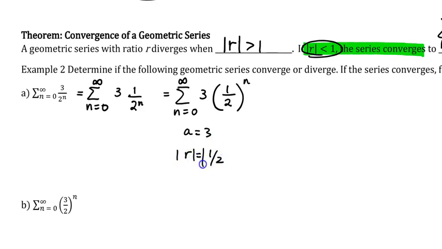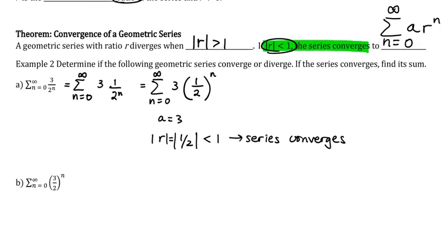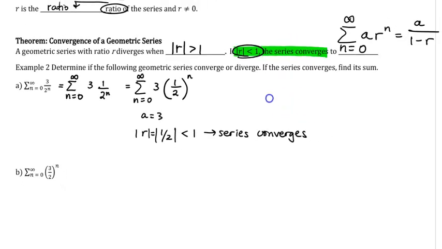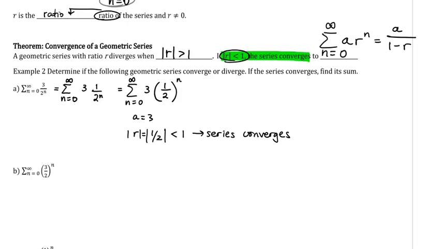Since the absolute value of r is 1/2 and that is less than 1, I can conclude that the series converges. So I know that when I add up all of these numbers, I will add up to a finite number. More specifically, for a geometric series, I know exactly what it adds up to. It converges to a over 1 minus r.